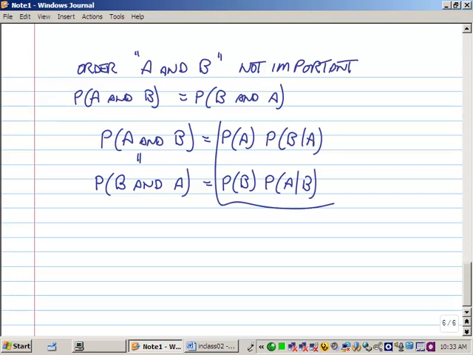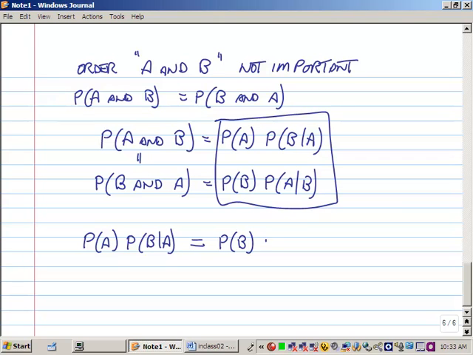So in other words, these are equal too. So the probability of A times the probability of B given A is equal to the probability of B times the probability of A given B, and sometimes that formula is useful when we're doing problems. Okay.